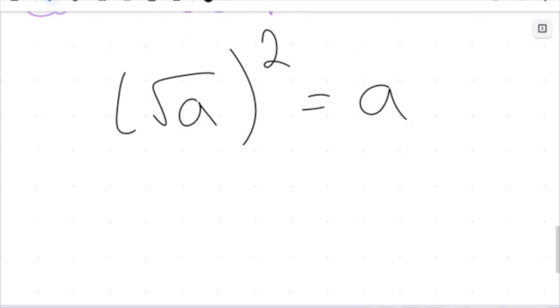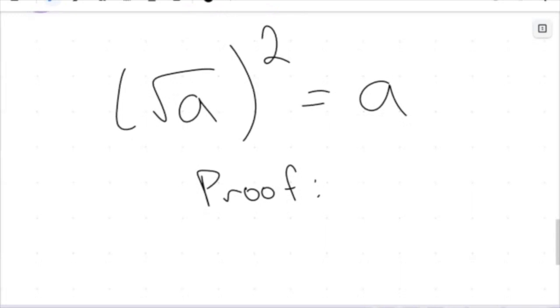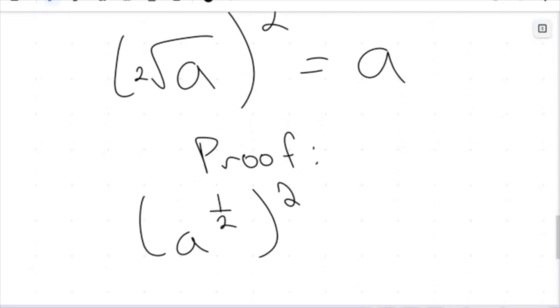So this thing here, let's write here proof. So this is taking the square root of a. So using what we learnt about fractional indices, this is like saying the square root of a I can represent as a to the power of a half. And I'm squaring all of that.